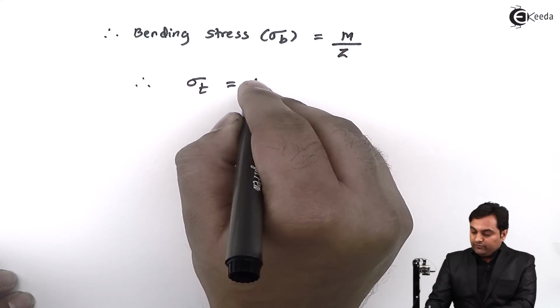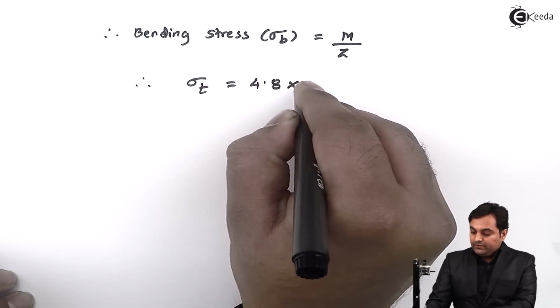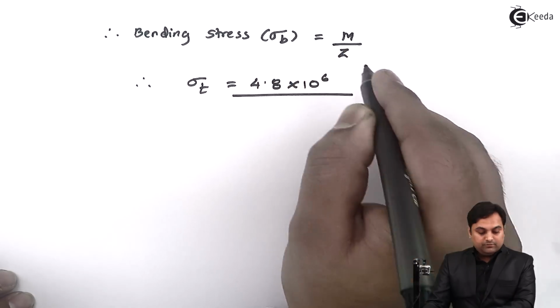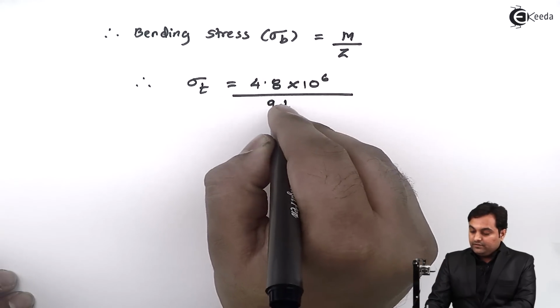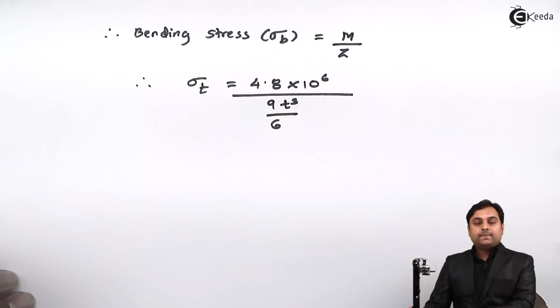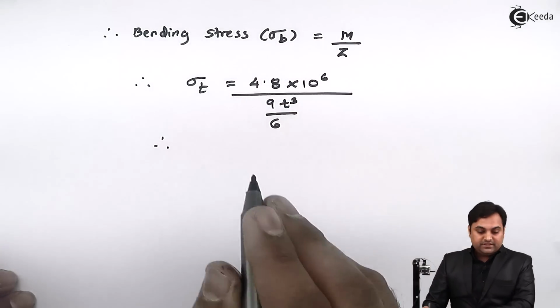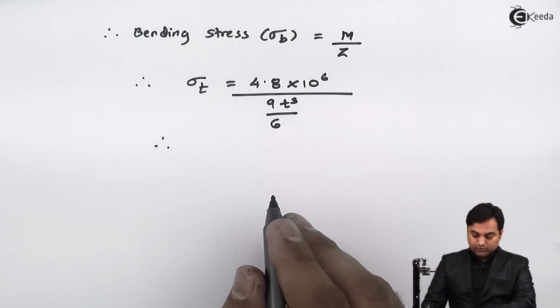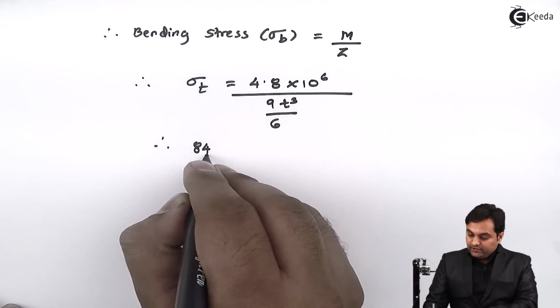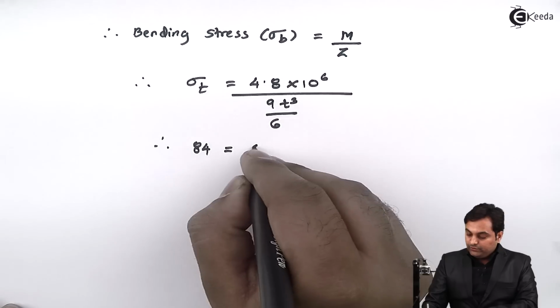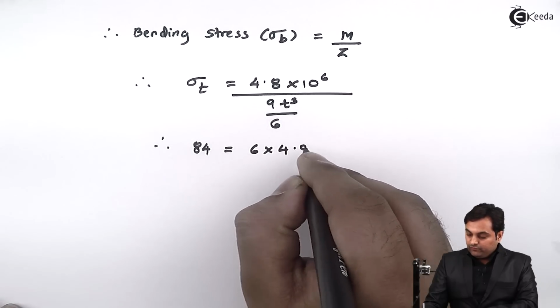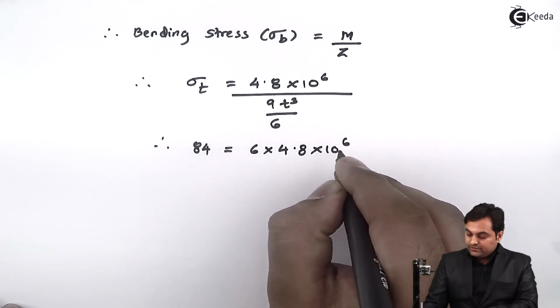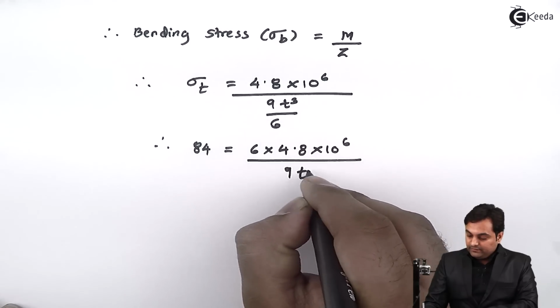Bending moment value was 4.8 into 10 raised to 6. Section modulus is 9 T cube divided by 6. So therefore sigma T value, which is given in the question, it was 84, is equal to 6 into 4.8 into 10 raised to 6 by 9 T cube.